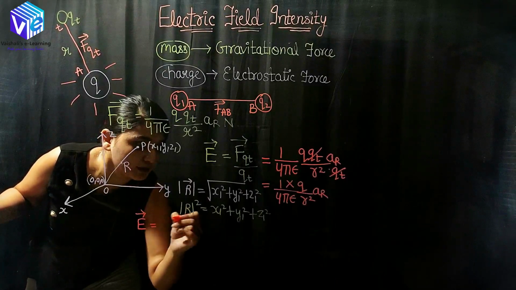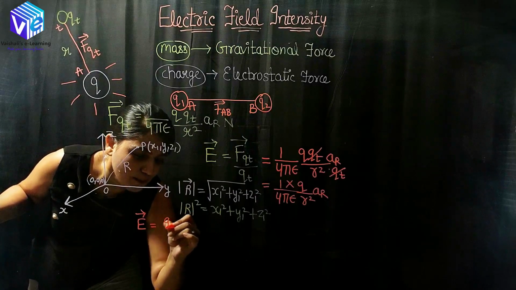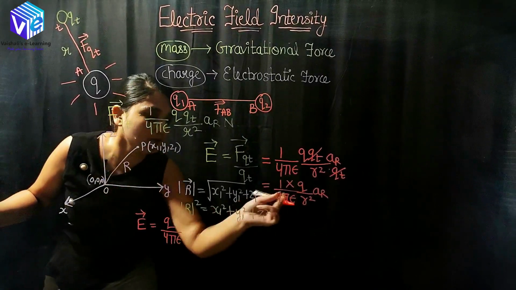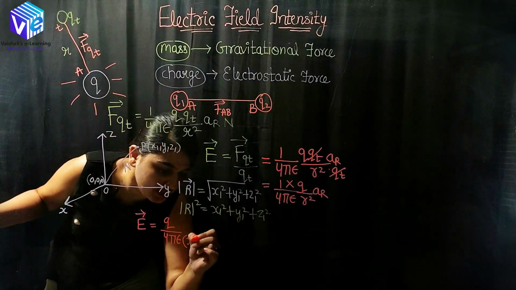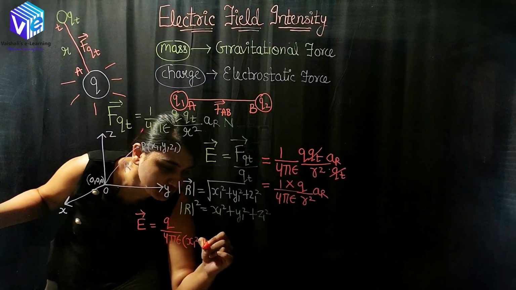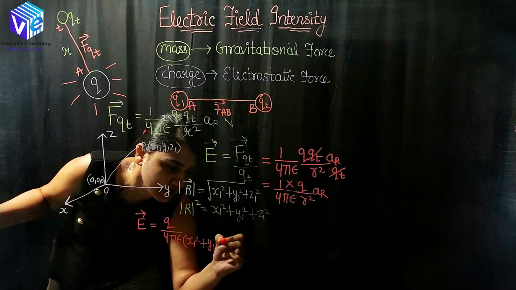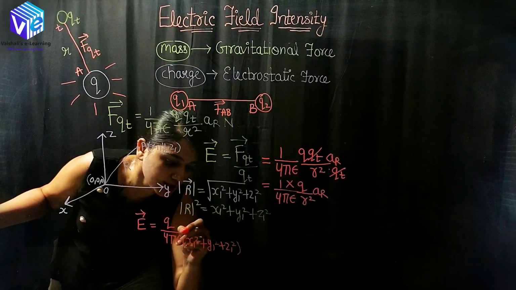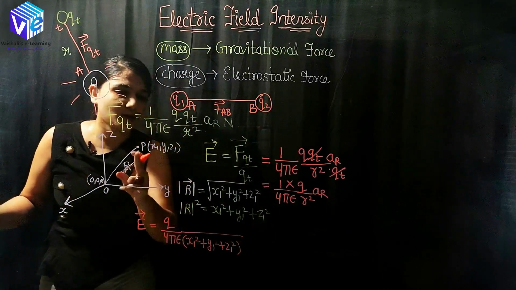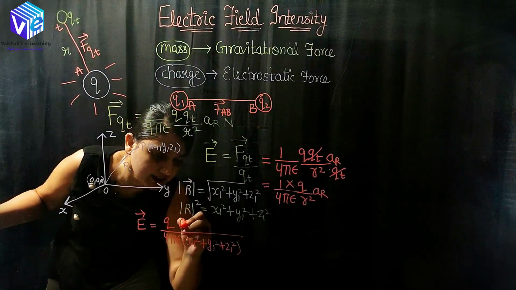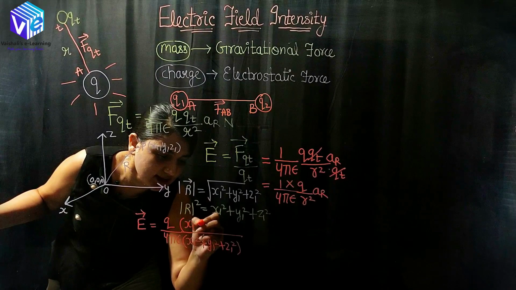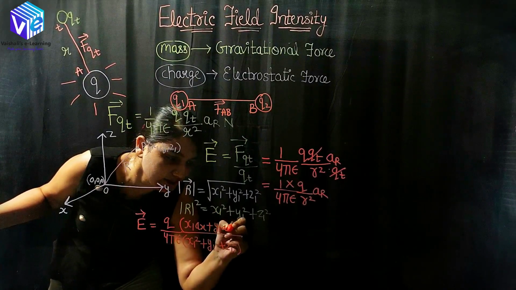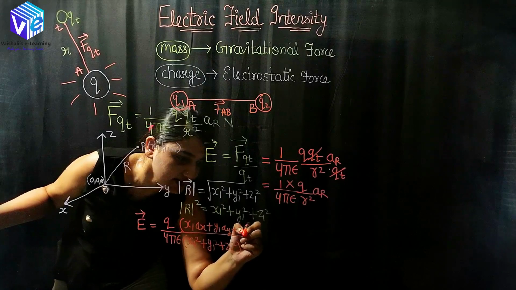E will be equal to Q upon 4 pi epsilon, which stays the same, and for R square I put the value x1 square plus y1 square plus z1 square. Now what is AR? AR is the vector, and that vector is x1 AX plus y1 AY plus z1 AZ.